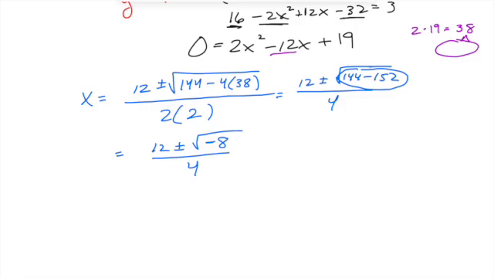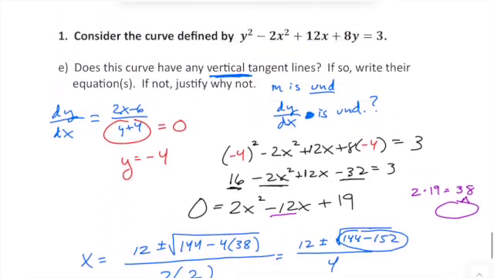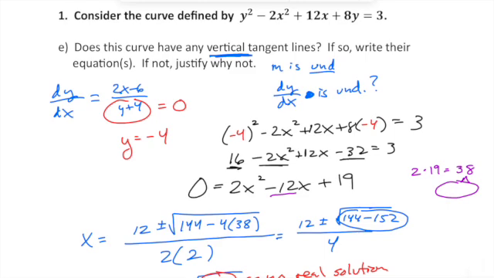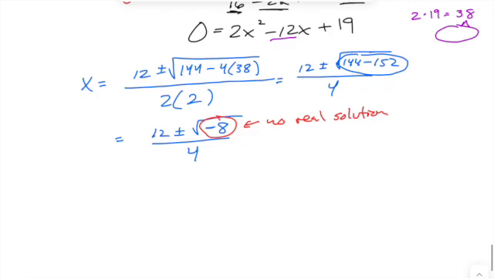And that, my friends, tells you that there are no real solutions to this because you've got a negative inside of a square root there. So that's an imaginary solution. In the context of this question, it was, are there any vertical tangent lines? Well, the vertical tangent lines were only going to happen when y is -4, and what we just found is that there is no real x value that pairs with y being -4.